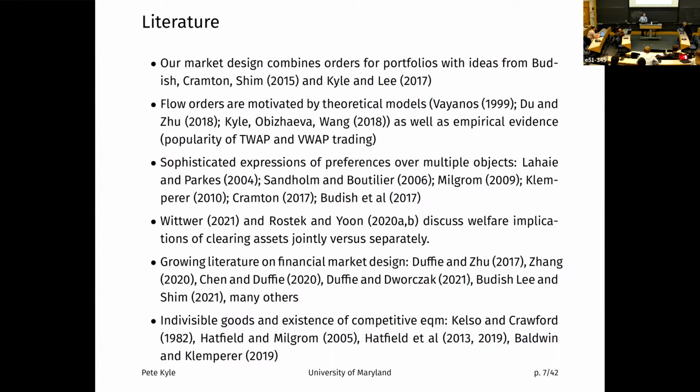And this idea would obviously generalize to portfolios. The first nice paper on this was Vayanos 1999. And then Du and Zhu, and then Anna Bajaiva, Yajun Wang, and I have a paper that develops this idea, all these papers in an environment where traders are optimizing. They can trade in a dynamic situation.